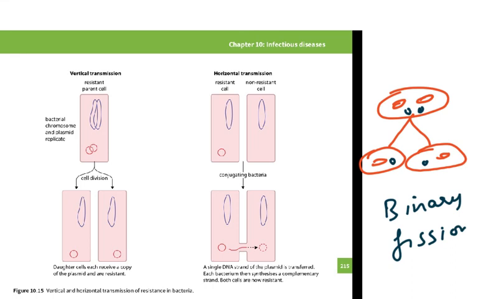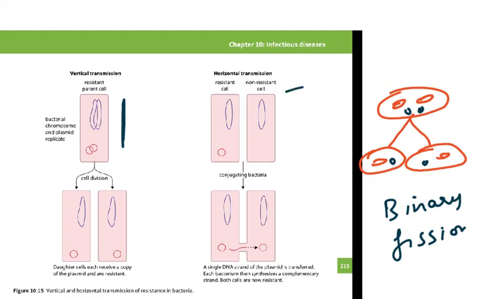So vertical transmission is when we have a bacteria, which is the resistant parent cell, and this bacteria is going to divide by binary fission, and both the daughter cells are going to receive the plasmid which has the resistant gene on it. Sometimes what happens is that this bacteria comes in contact with another type of bacteria, could be the yogurt bacteria.